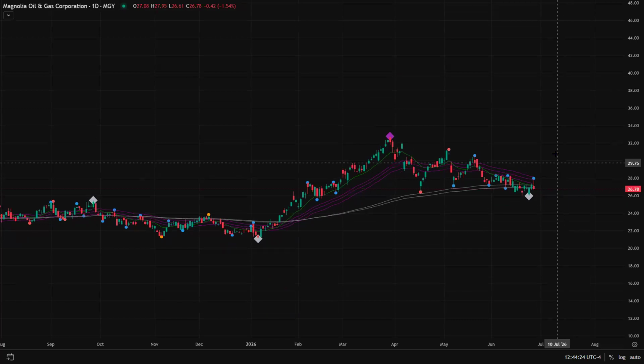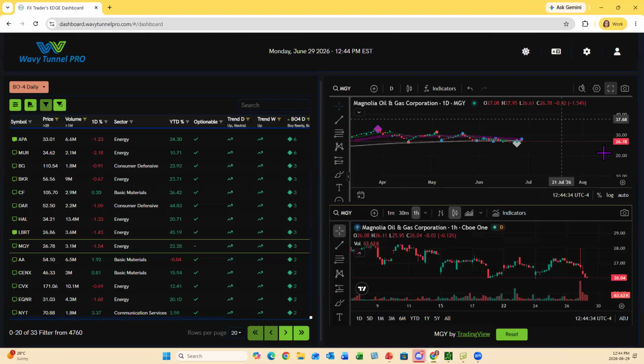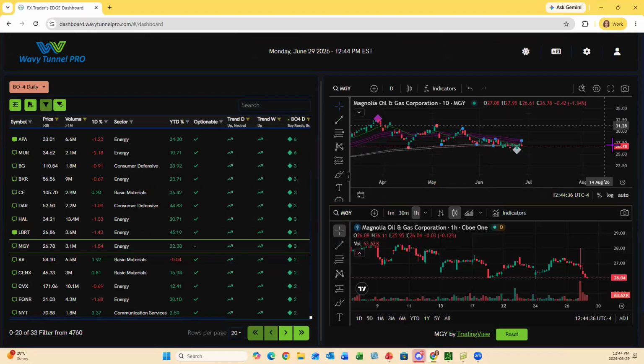Yeah. Now, a lot of these stocks are contingent on the price of oil as well. So it might be worth it to look at oil prices when you're buying one of these stocks. Okay, I'll add this to the watch list.